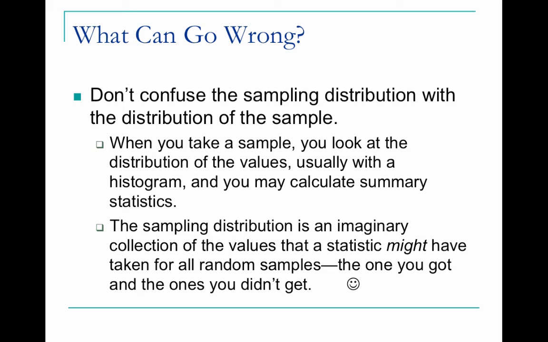So again, we're just pretending to go out and calculate all of these samples. Of course, they did do that at one point to figure out that this works, but we don't have to anymore. So we're just kind of pretending to. And we're taking all of the values that a statistic might have been from all of those random samples, the one that you got, and the ones that you didn't get. That becomes your sampling distribution.